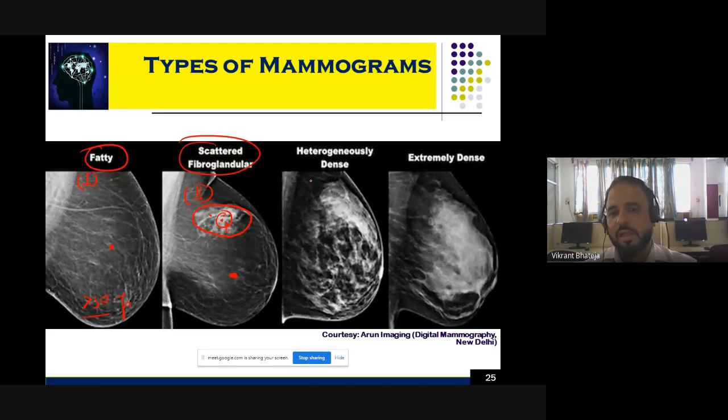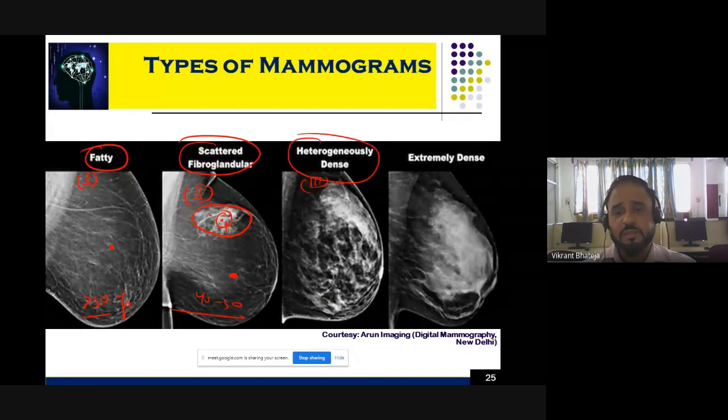But if you come to this third category of image, now if I talk about this second category, then generally this type of mammograms are in the age group of 40 to 50 years of the female candidate.